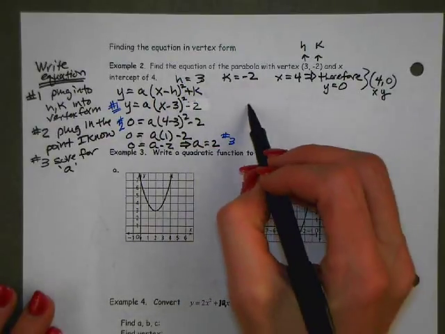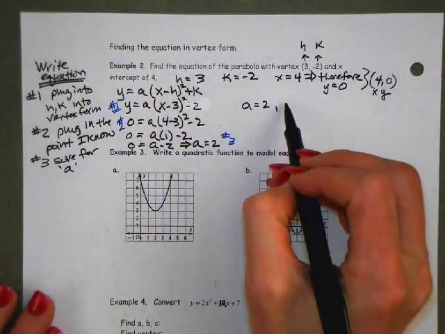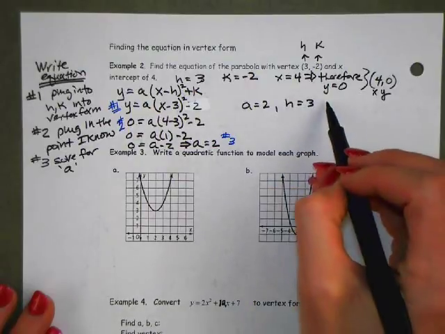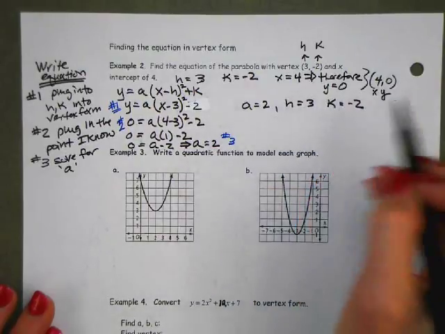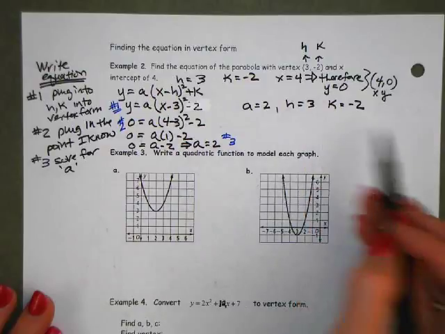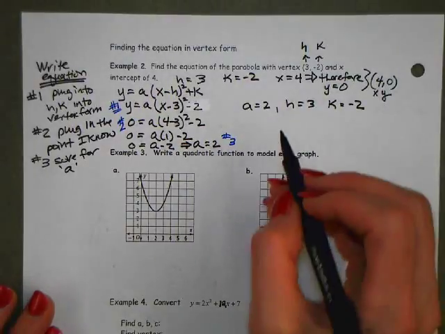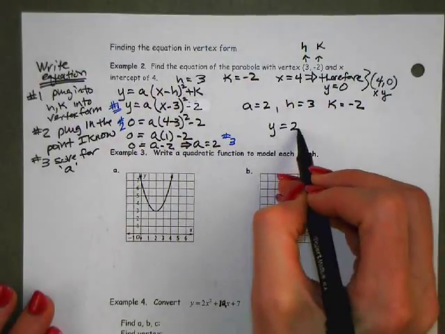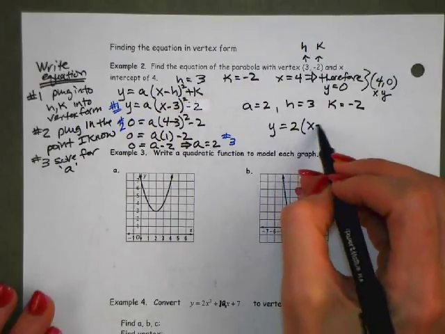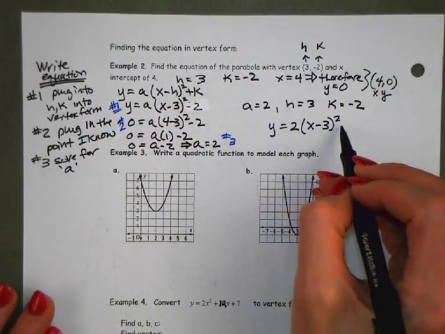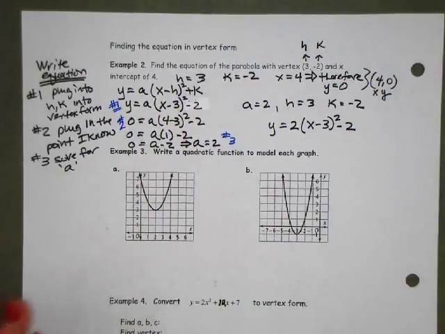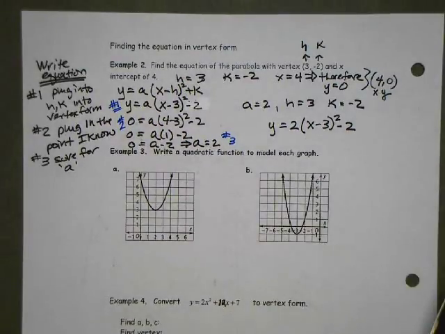So now I have an a, where a equals 2, I know h equals 3, and I know k equals negative 2. So now I can take those 3 elements and actually plug it in to create the equation. So it's y equals 2, and it's going to be x minus 3 squared minus 2. Okay?